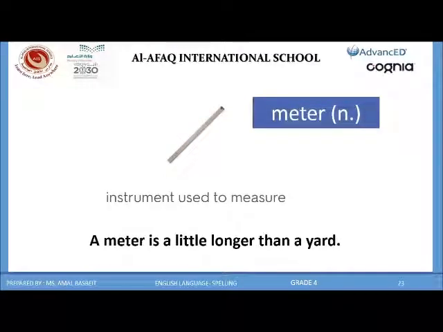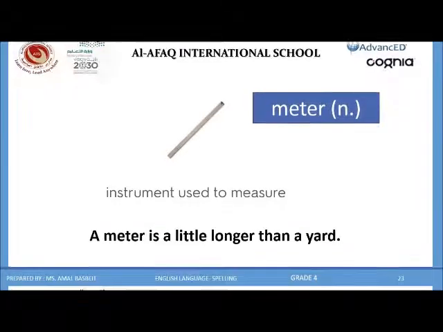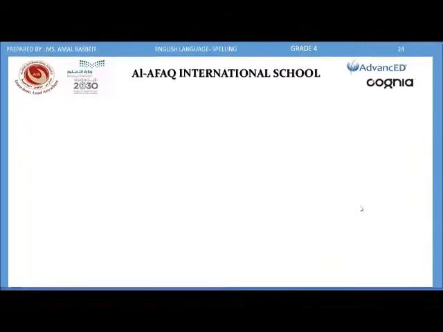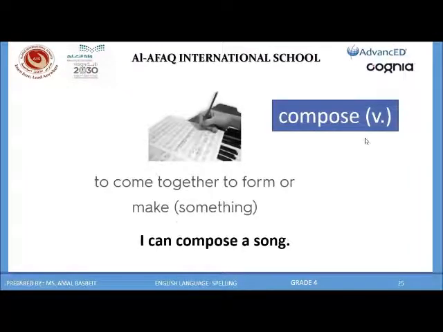Meter. It means instrument used to measure. A meter is a little longer than a yard. Next, metric. Metric is an adjective relating to or based on the metric system. Many countries use the metric system. Compose is a verb.